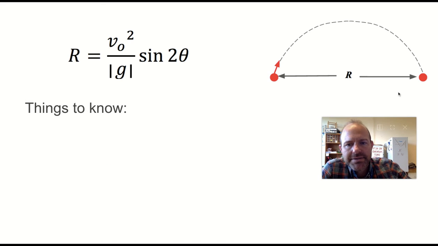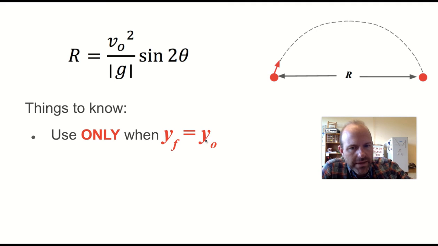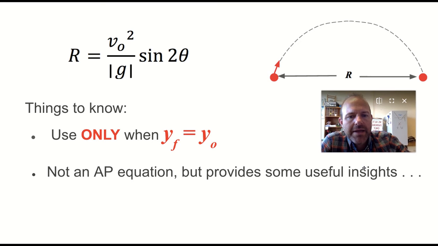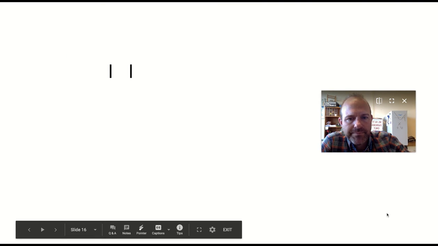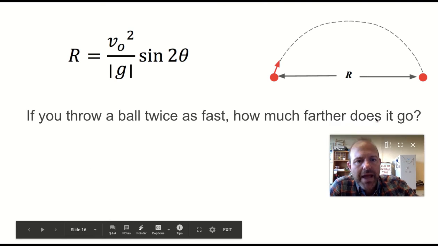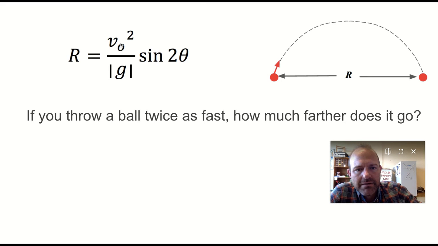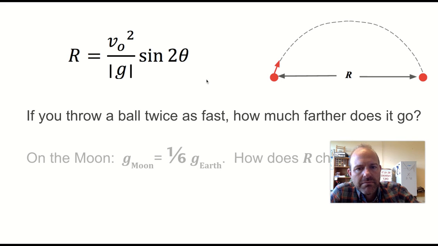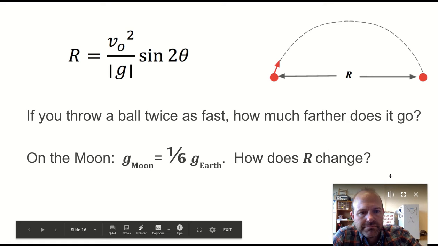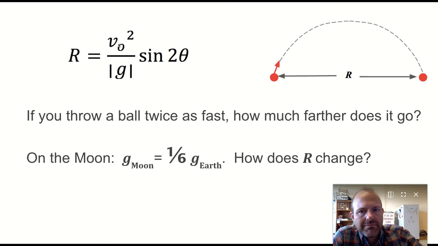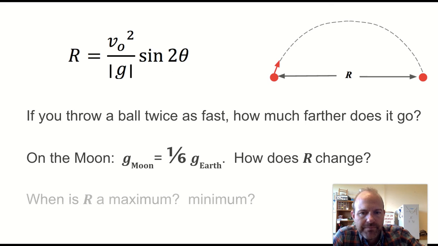This only works if we're going from the same height to the same height, and it provides us some insight, specifically that if you double the speed, it goes 4 times as far, right? Double v naught squared gives us the range. If you change the g by some factor, that changes R by the reciprocal of that factor, right?